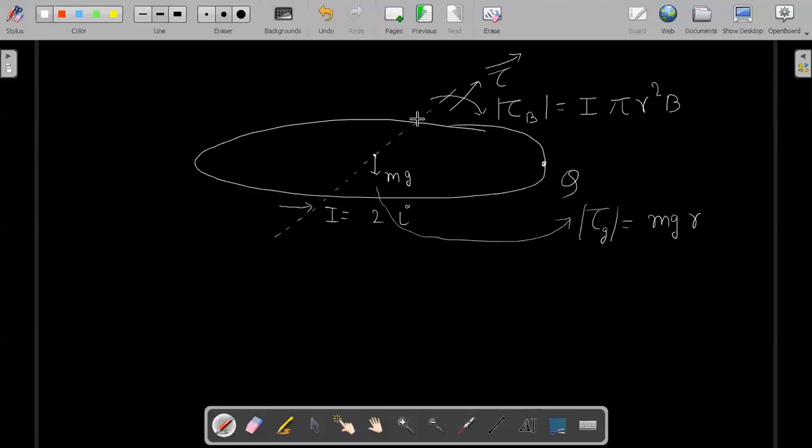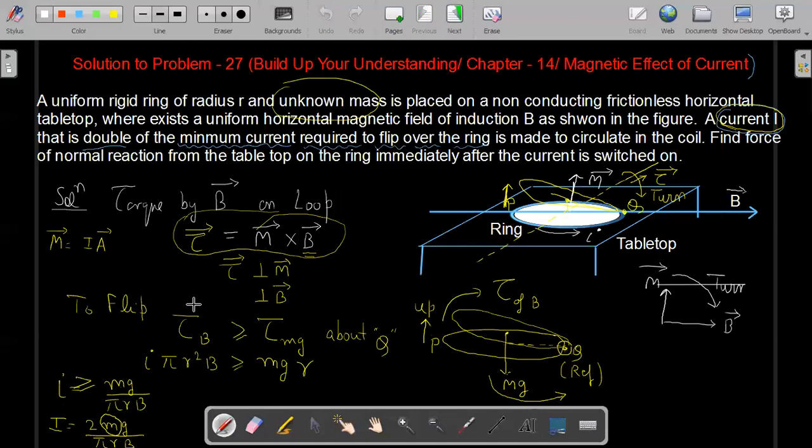So ultimately we will have a net torque, which is the torque given by the magnetic field minus the opposite torque given by the force of gravity, that is capital I pi small r square b minus mg into small r. And now you can write mgr. From the previous expression, the value of mg will be capital I pi small r b divided by 2.